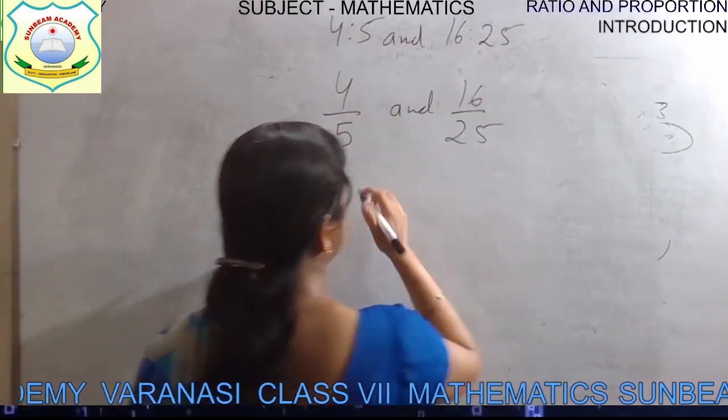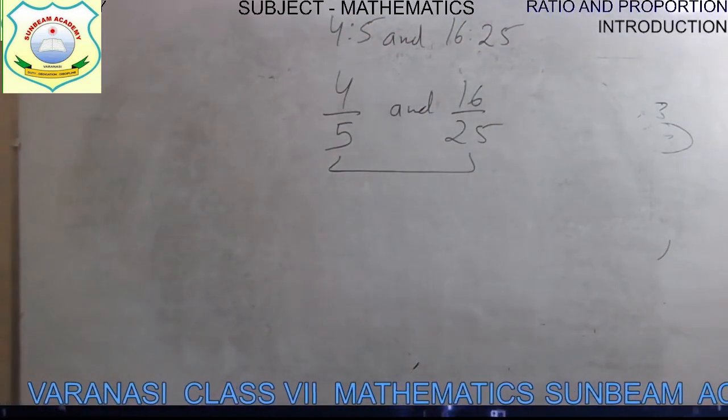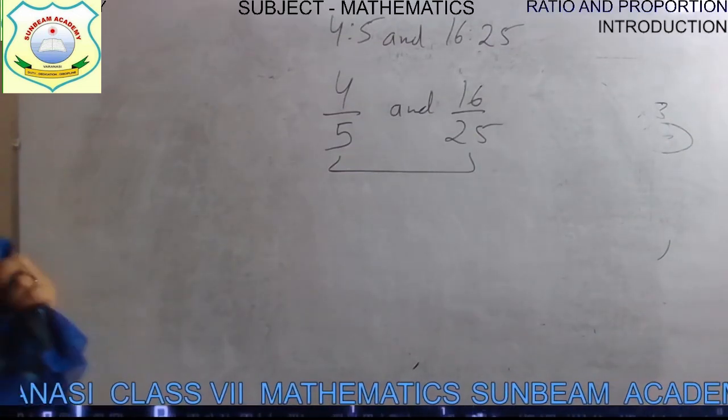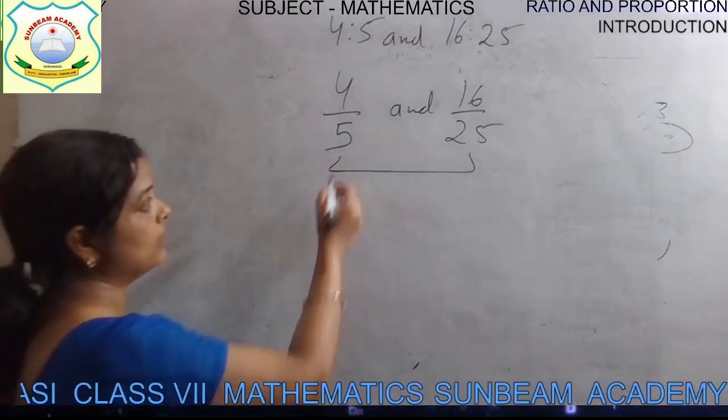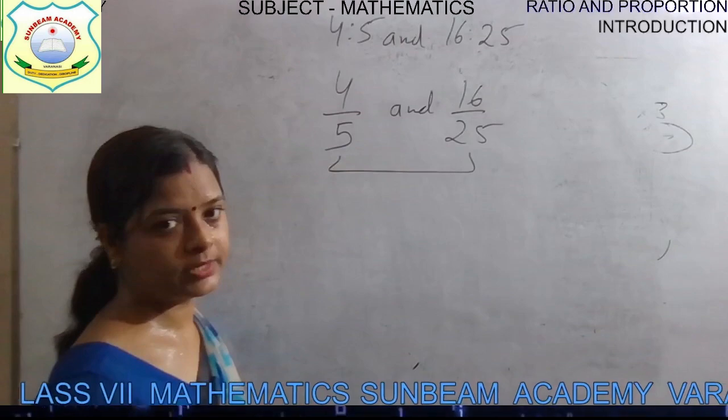Which one is greater, children? What do we have to do? We have to focus on their denominators. Now, can we convert these two denominators into equal ones? Yes. Their LCM is 25, children.